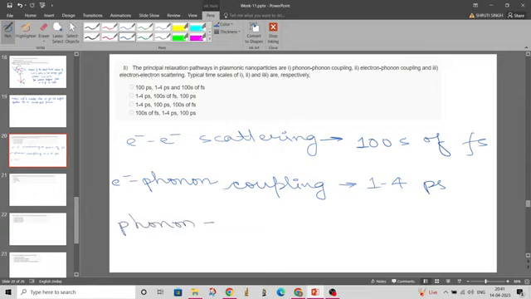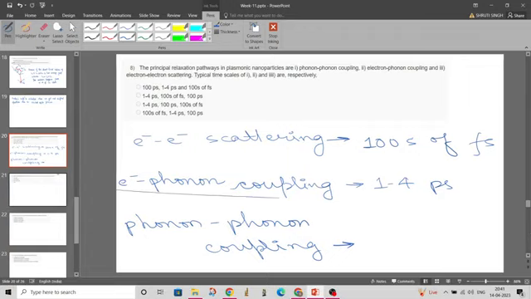And the phonon-phonon coupling takes place in 100 picoseconds. My pen is not writing properly.